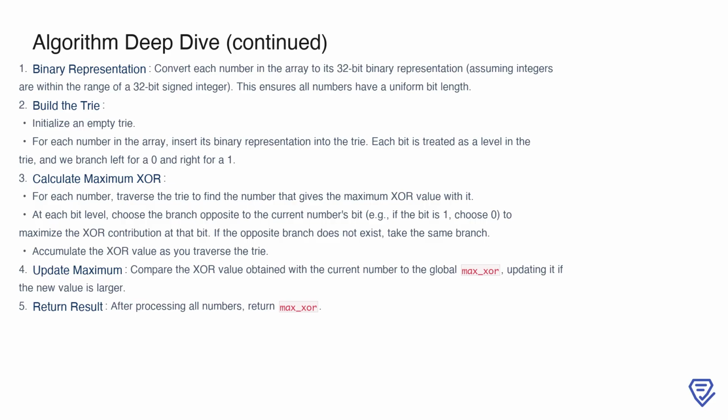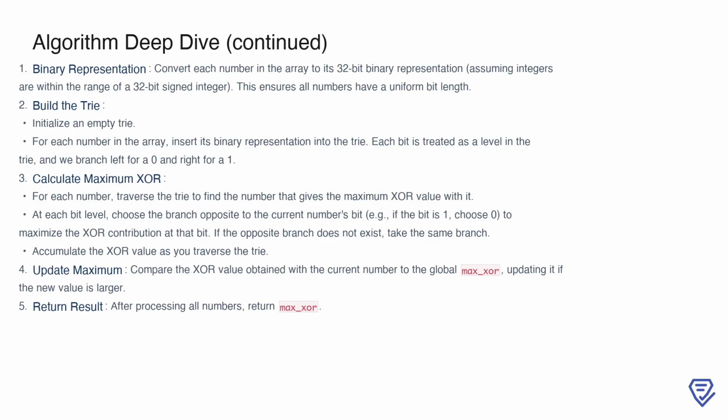After building the trie, we calculate the maximum XOR value by traversing the trie for each number in the array. The goal during traversal is to maximize the XOR contribution from each bit. To do this, at each level of the trie, we attempt to follow the branch opposite to the current bit in the number, as this maximizes the XOR at that position. For example, if the current bit is 1, we look for a 0 in the trie.